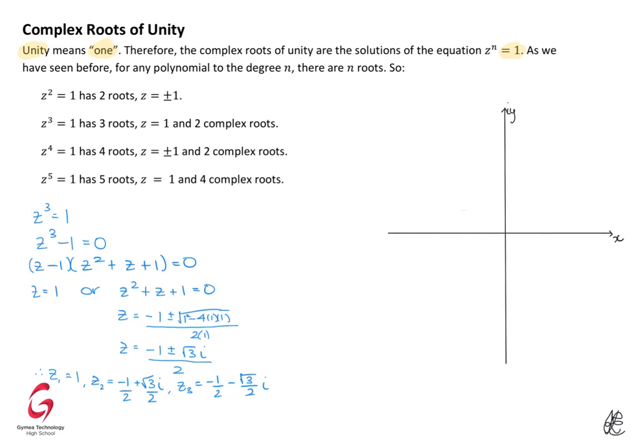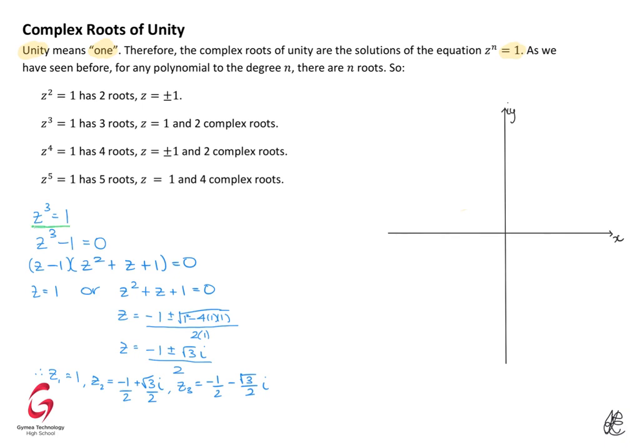Let's look at this in the context of an example that we know and we've solved before, really early on in our complex numbers topic. So here we're being asked to solve the equation z cubed is equal to 1.